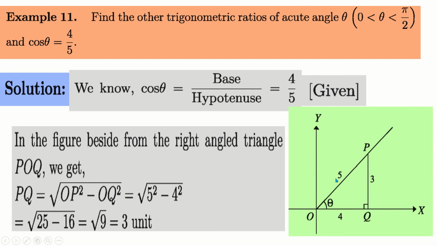Sin is equal to what? Sin theta equals 3 by 5. Cosec theta equals 5 by 3. Tan is equal to 3 by 4. Cot is equal to 4 by 3. Without calculation, we can easily say the answers. And cos is the given condition, so sec will be 5 by 4.